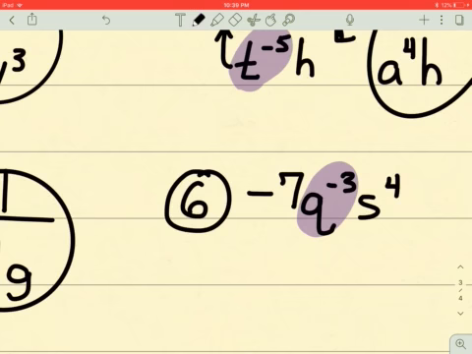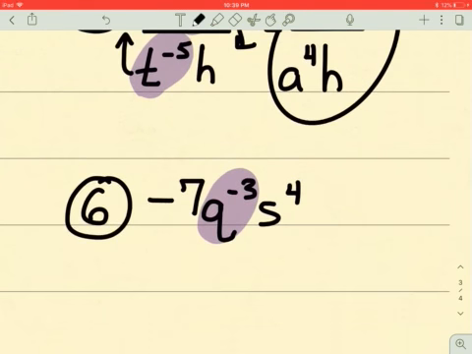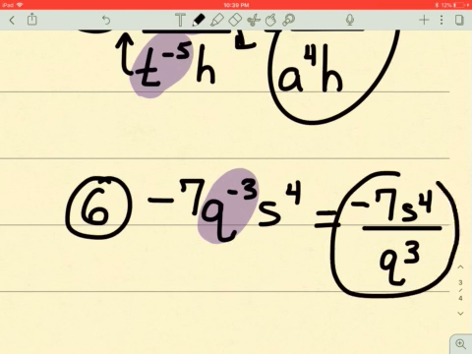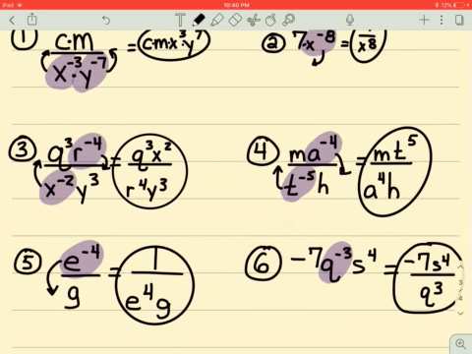The only thing that will change places are my bases that have negative exponents. If my coefficient has a negative exponent, it'll change, but nothing on today's worksheet has a coefficient that has a negative exponent. So my answer would be negative 7 s to the fourth. They all stay there because they have positive exponents. And then my q to the negative third goes to the denominator because it has a negative exponent, and now it has a positive exponent.